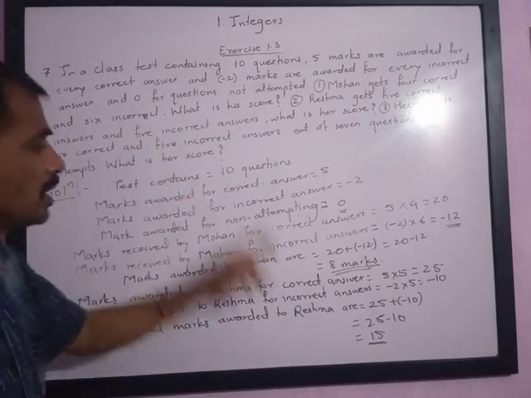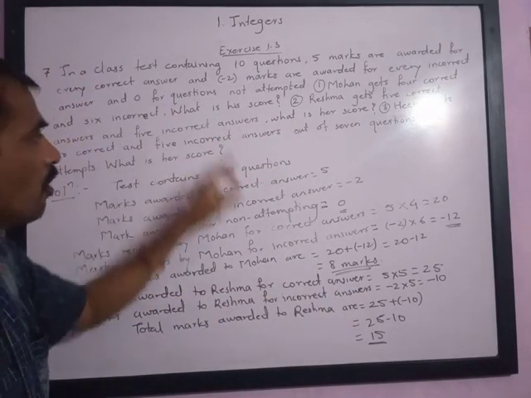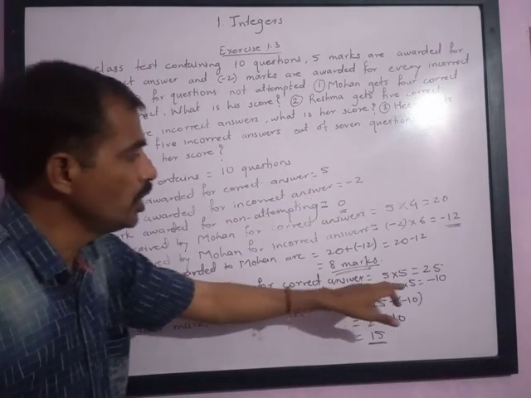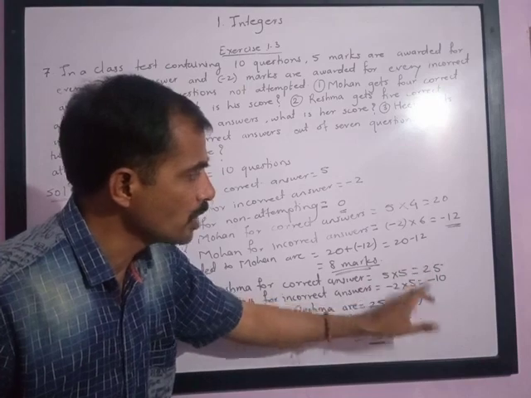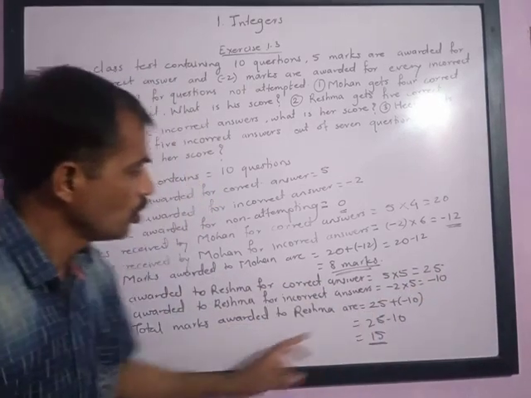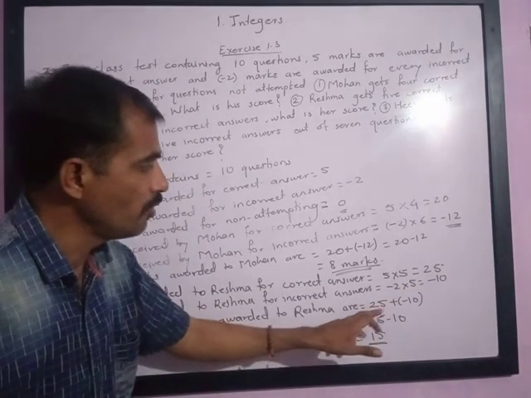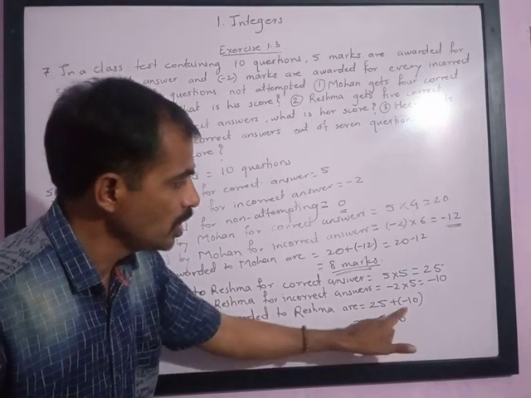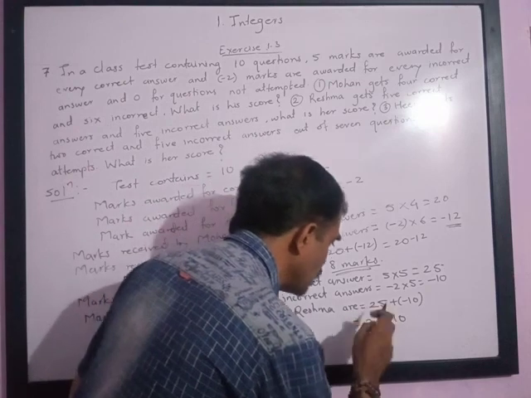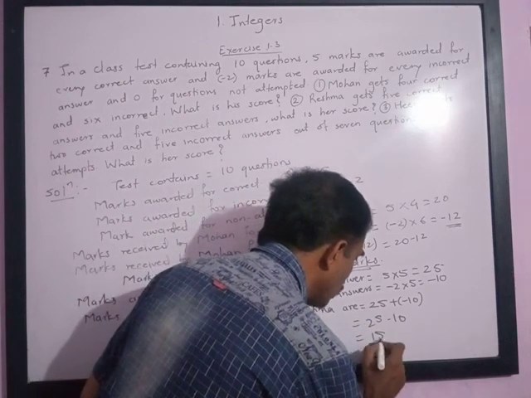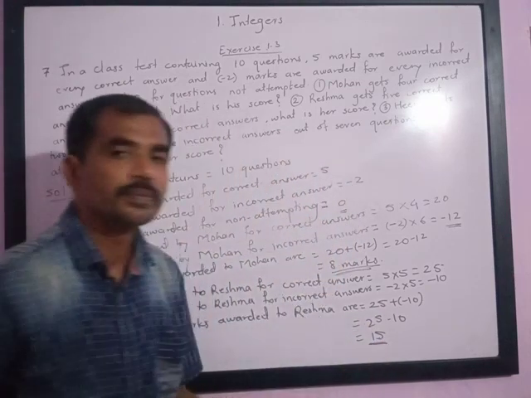So -2 marks are allotted for incorrect answers. So -2 into 5, that will be 5 2s are 10 and negative sign will be there. So total marks awarded to Reshma are 25 plus -10. This plus into minus will become negative. 25 minus 10 is 15. So total marks received by Reshma are 15.